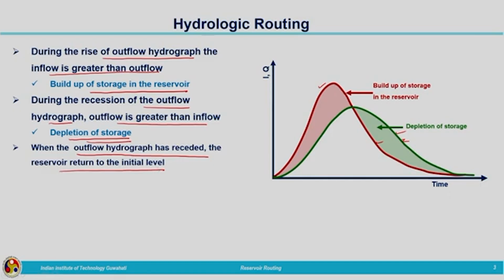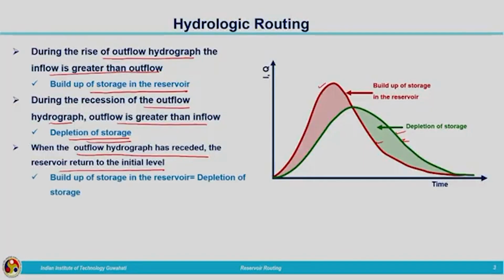When the outflow hydrograph has receded, the reservoir returns back to the initial level. Once it is receded, the reservoir level will be coming back to the initial level. So, we can come to a conclusion that buildup of storage in the reservoir is equal to depletion of storage.